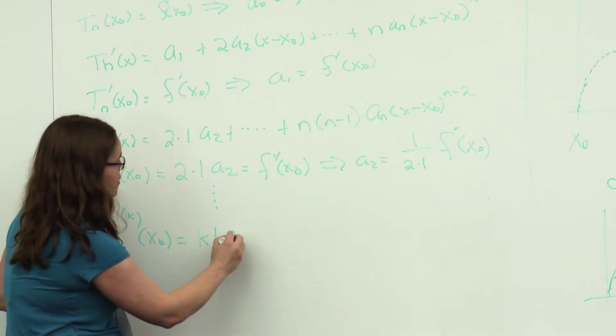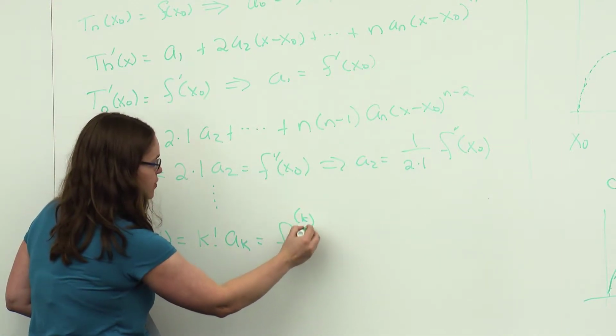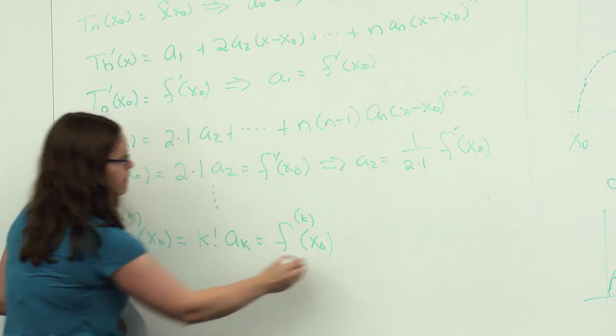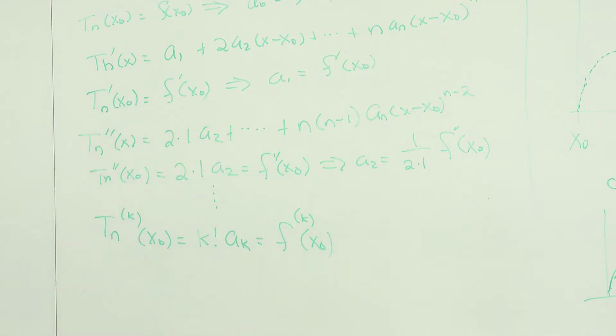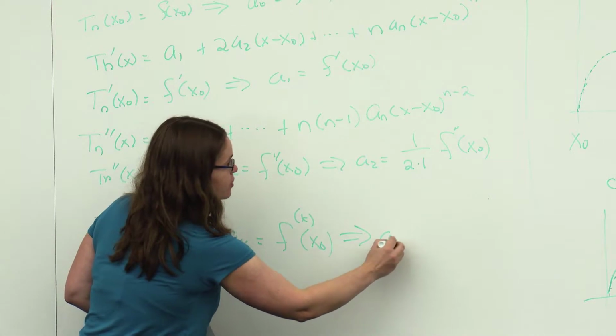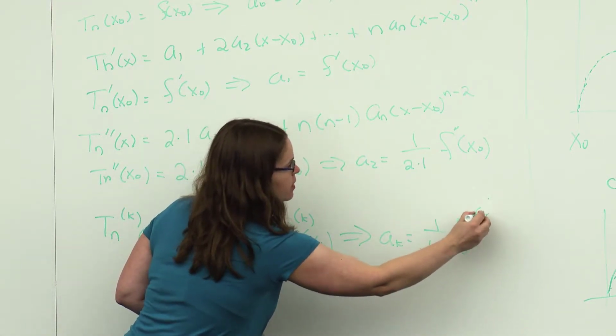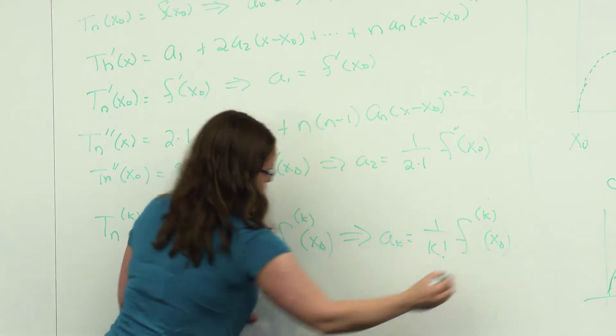And then we still have our ak here. And we want this equal to the kth derivative of f. Okay, and now we get the term that you're itching for me to write down, 1 over k factorial, times the kth derivative of f at x0.